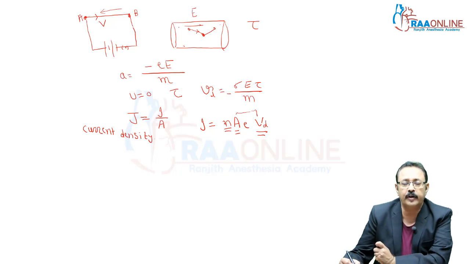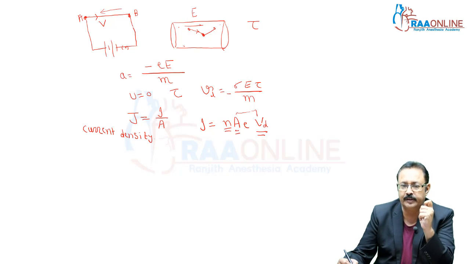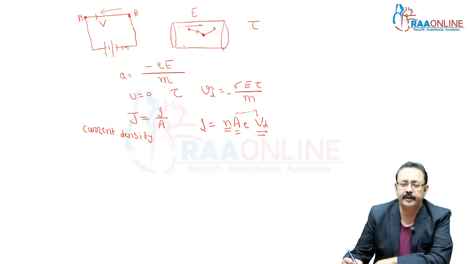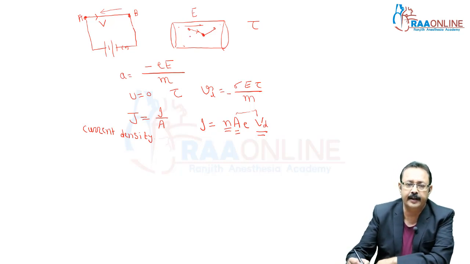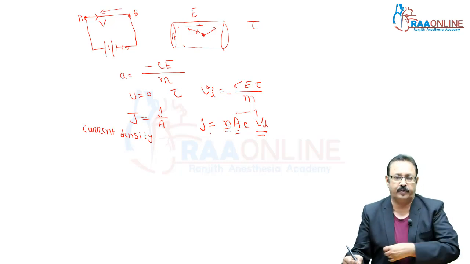In one electron, if there is e charge, the total charge entering this volume in 1 second is this. By definition, it should be current. So we can write current I equals nAeVd. A is the area of cross section of your specimen, Vd is the drift velocity of electrons, n is electron density, and e is the charge on the electron.